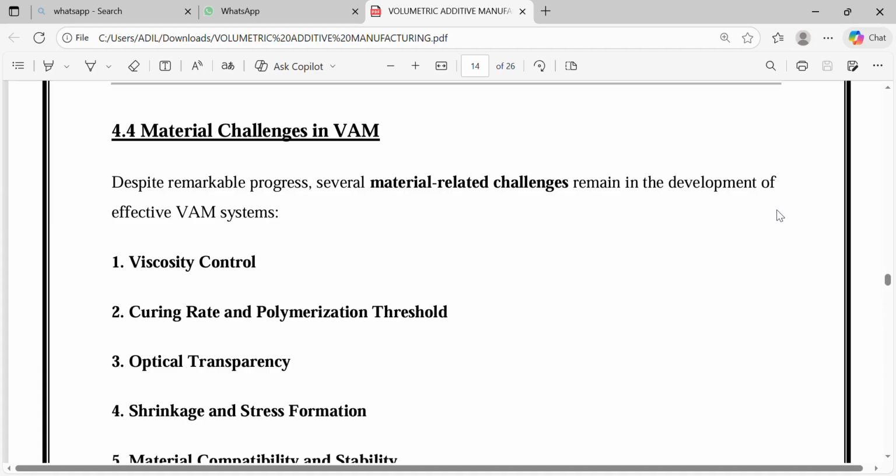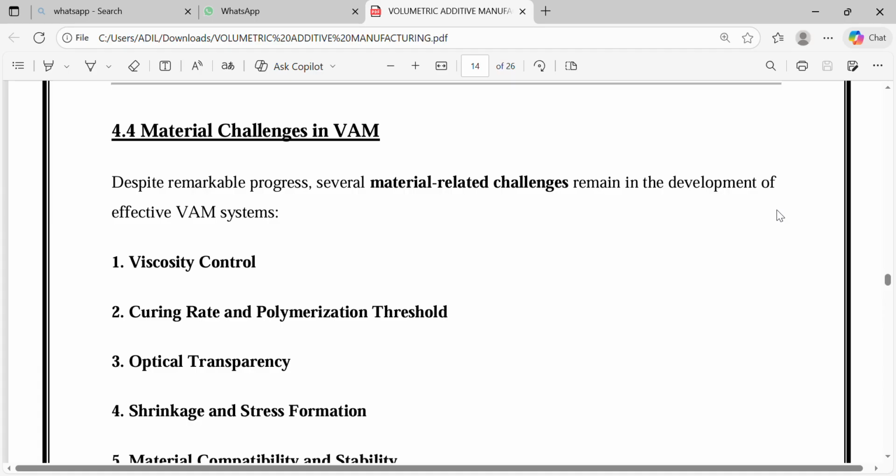Third challenge is the optical transparency, which is critical for light penetration, uniform curing, and high resolution printing. Factors affecting the transparency include resin formulation, scattering particles, and wavelength of light. Fourth challenge is the shrinkage and stress formation. Shrinkage and stress formation can lead to dimensional inaccuracies, warping or cracking, and reduced mechanical properties.